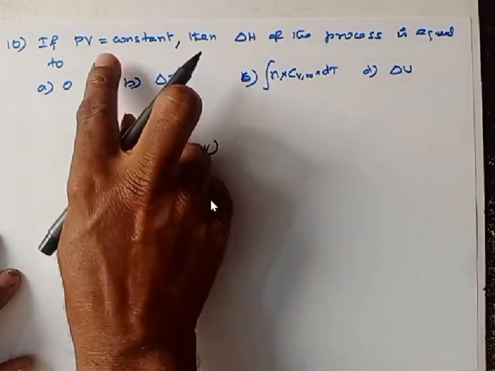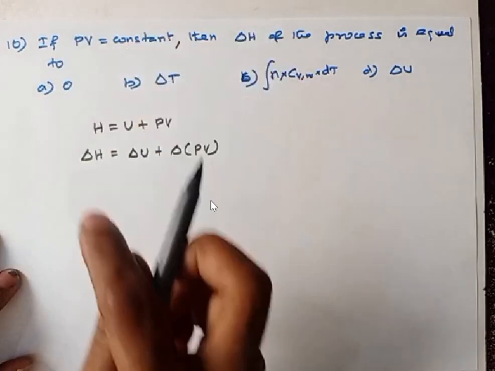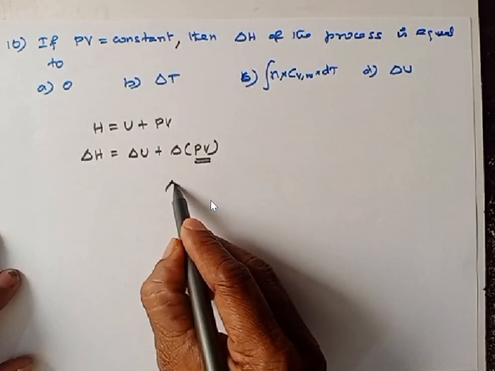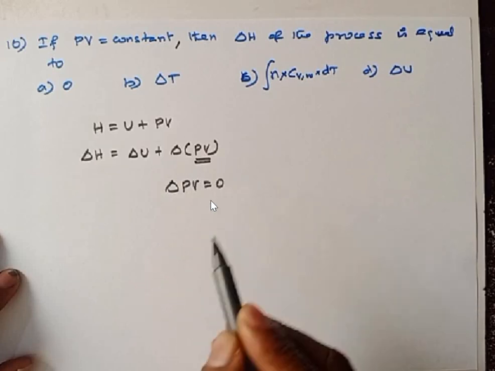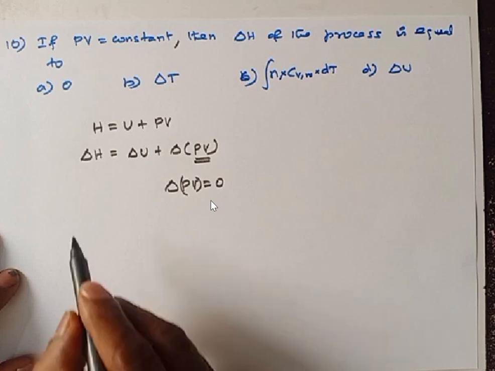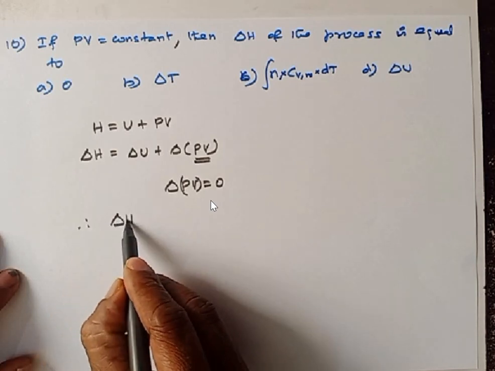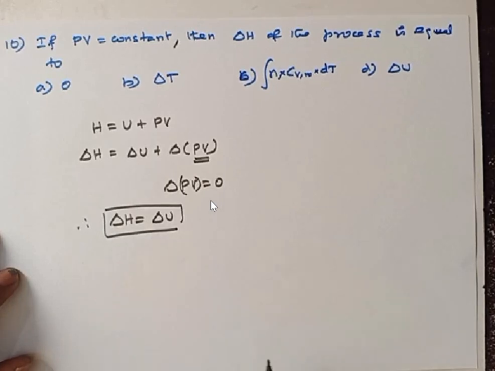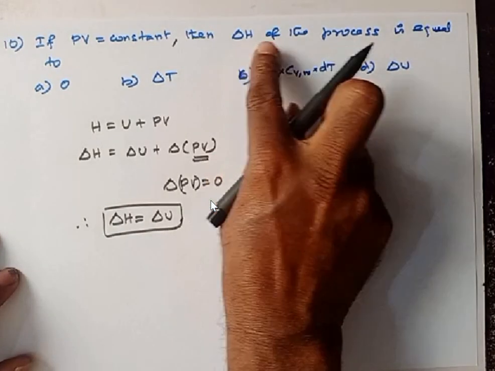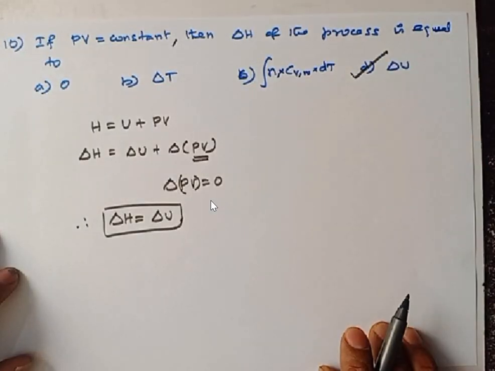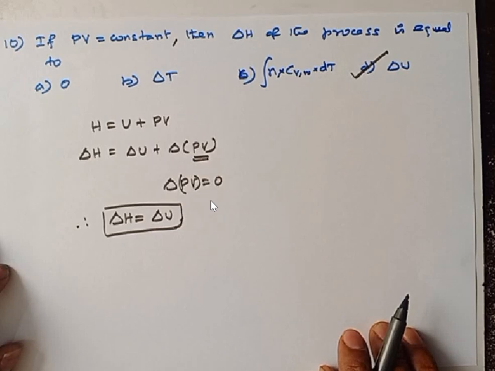Change in PV, but now in the question it is given that P into V is constant. Since PV is constant, delta PV should be equal to 0. Therefore, you will get delta H is equal to delta U. Okay, so delta H of this process is equal to delta U, option D. Okay, take note.